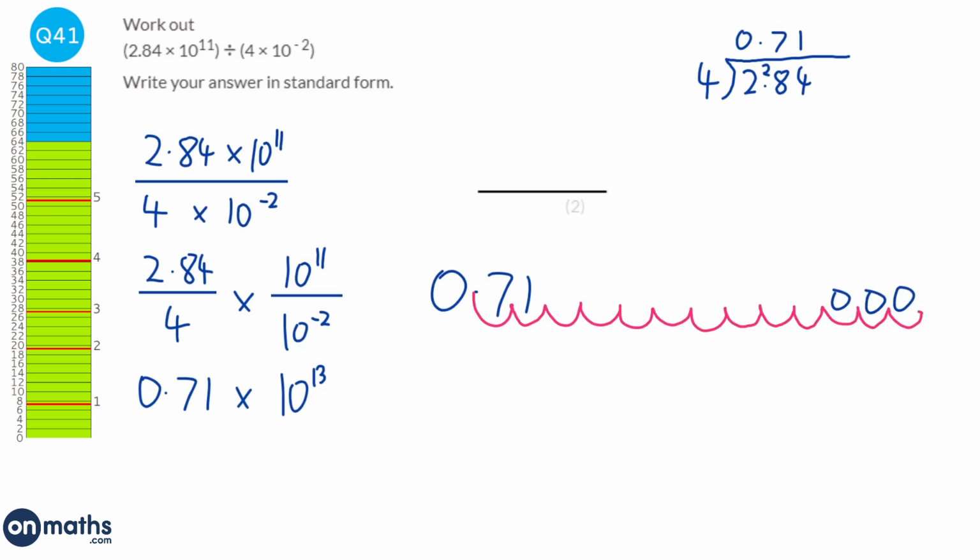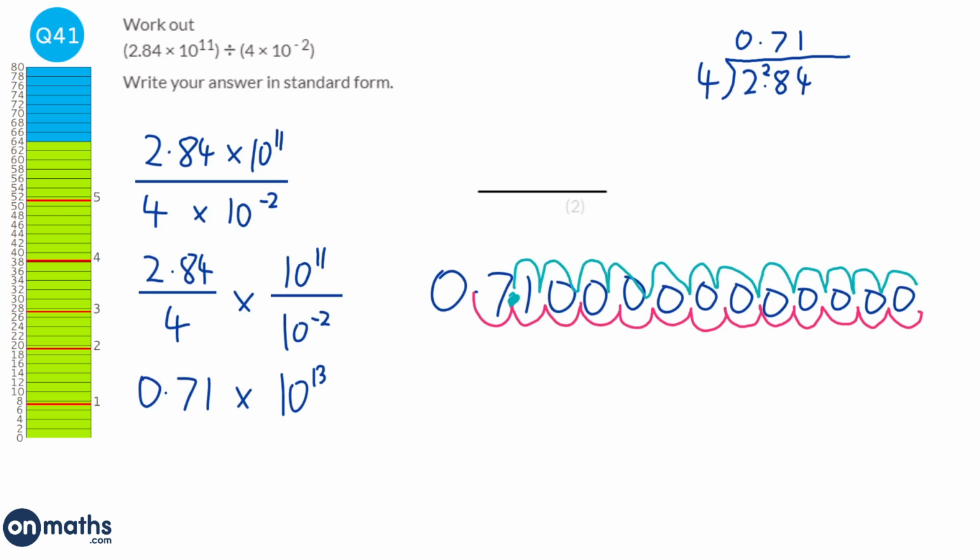Fill in the zeros. So it'd be 7, 1 and all those zeros. And then I'm going to put it back into standard form. Now the decimal point will need to be here to make it 7.1. So it'd be 1, 2, 3, 4, 5, 6, 7, 8, 9, 10, 11, 12. So it's going to be 7.1 times 10 to the power of 12.